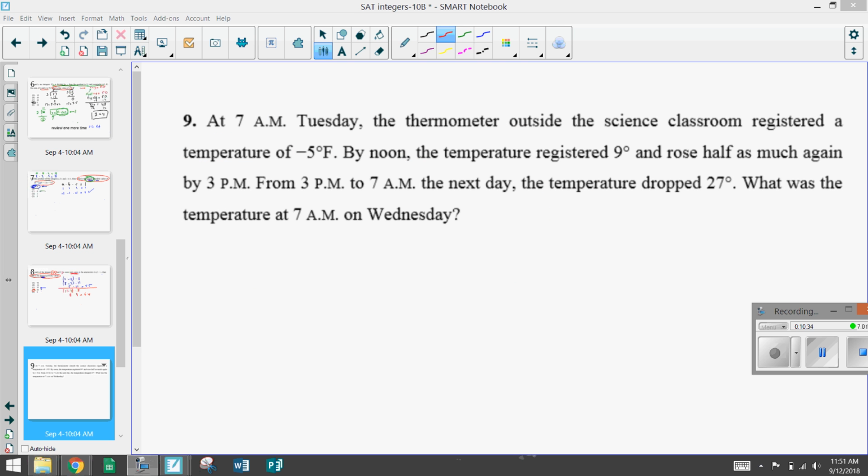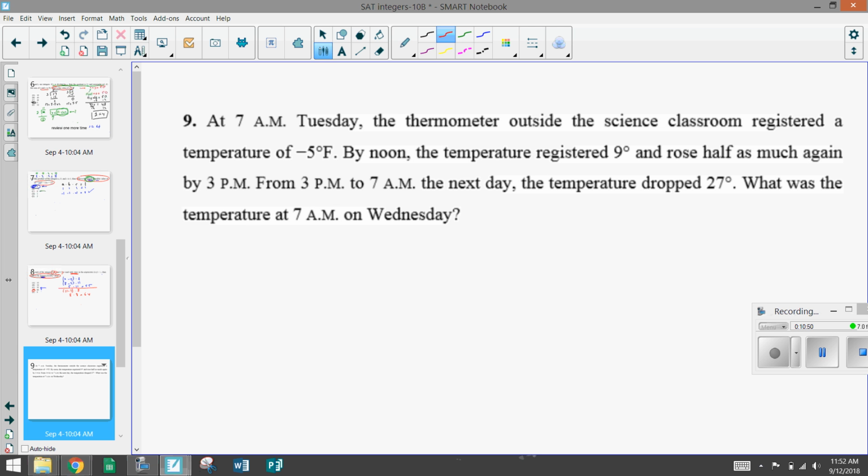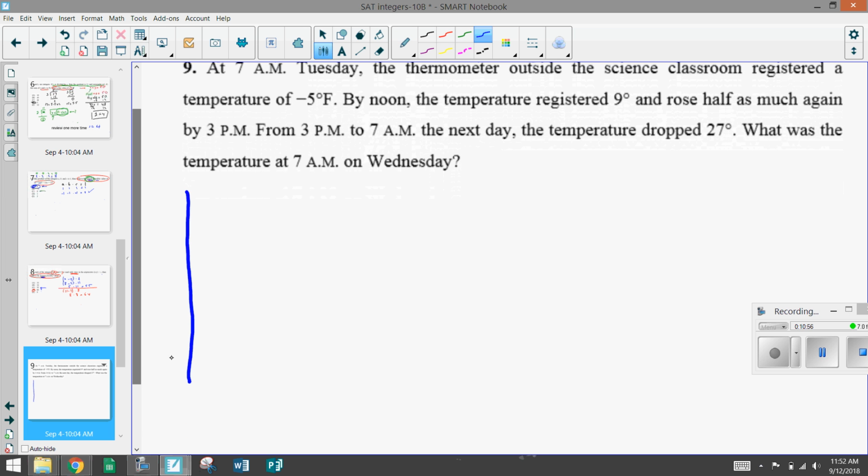At 7 a.m. Tuesday morning, yesterday morning, the thermometer outside the science classroom registered a temperature of -5 Fahrenheit degrees. Okay, it's 0.